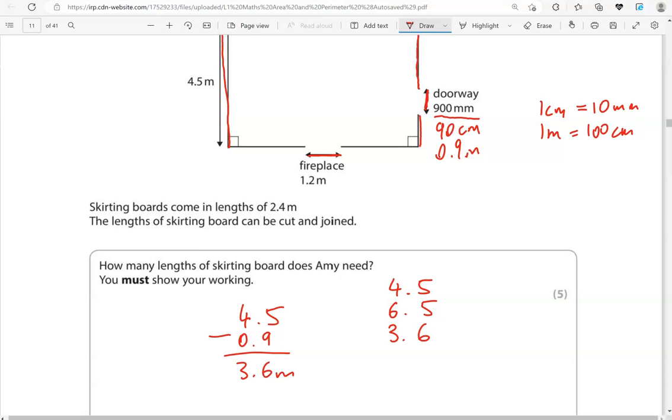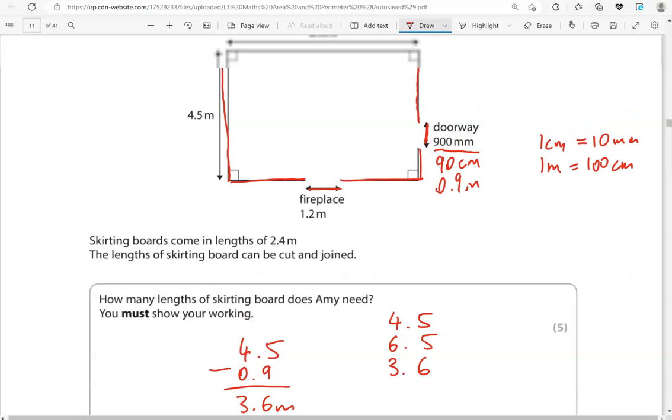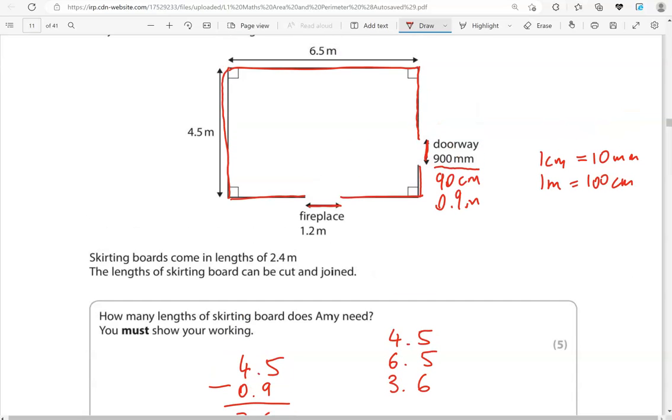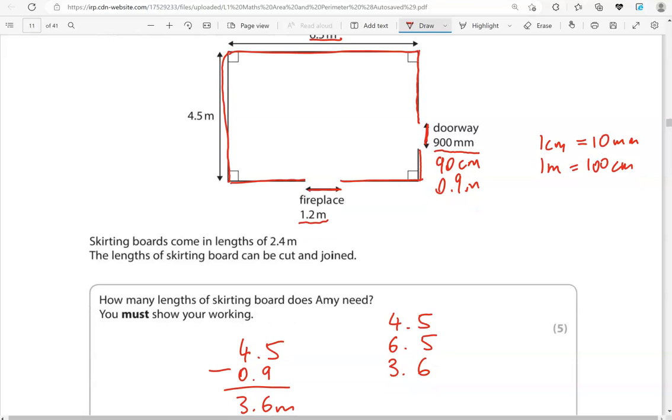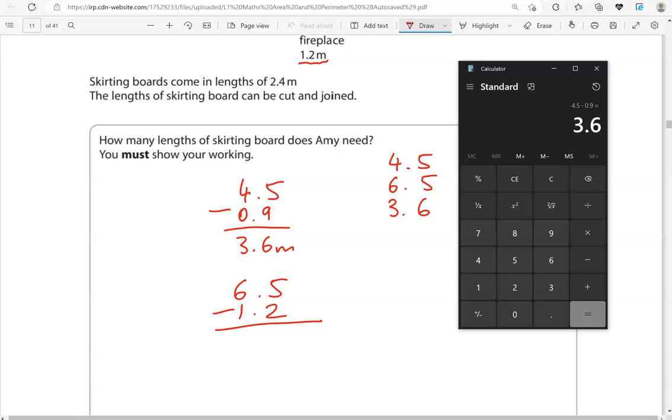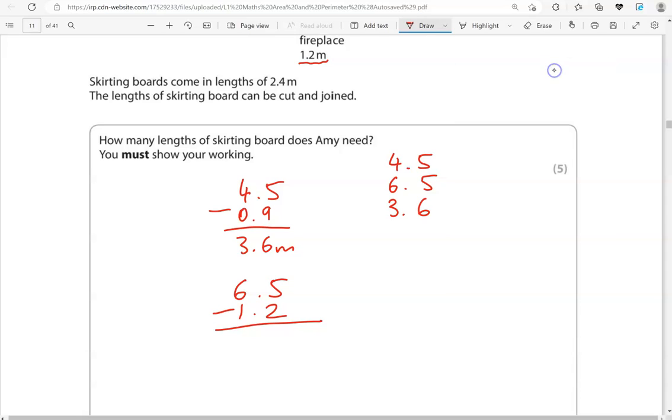Now we've got this length, which we can work out by doing 6.5 take away 1.2 meters. They're both in meters, so that's easier to work out. And that is 5.3 meters.